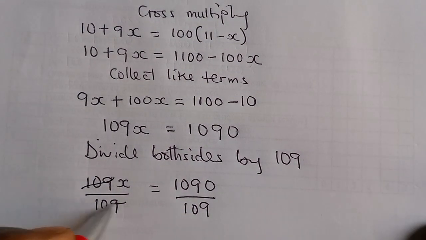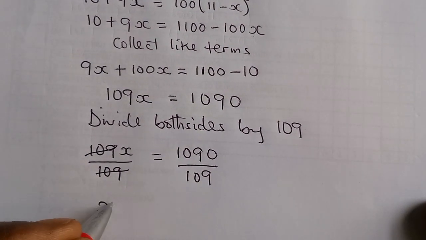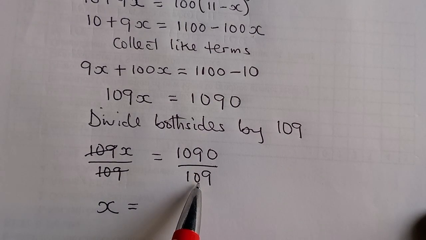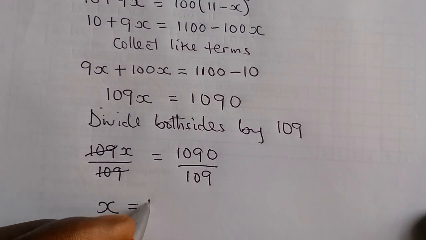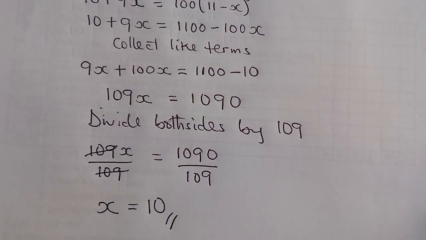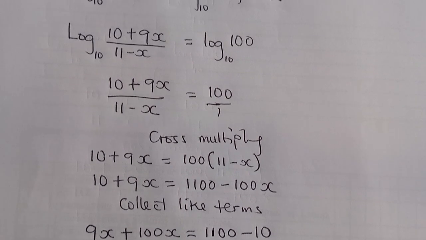This 109 will cancel with this, and you are left with x equal to 1090 divided by 109, which is equal to 10. So the value of x in this equation is 10.